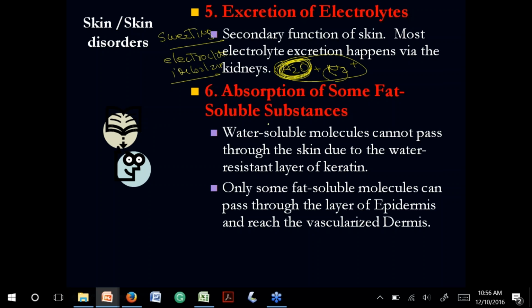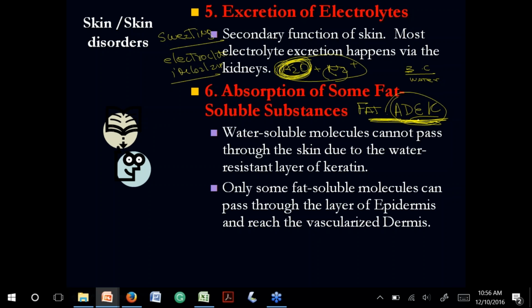Absorption of some fat-soluble substances. What are fat-soluble substances? Fat-soluble are vitamin A, vitamin D, vitamin E, and vitamin K. So these vitamins are fat-soluble, so they can pass through the skin more easily than, for example, vitamin B and vitamin C. They are water soluble, so they do not pass easily through the skin.